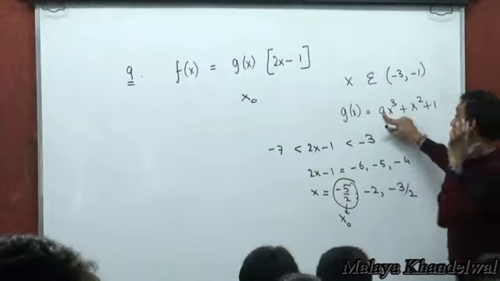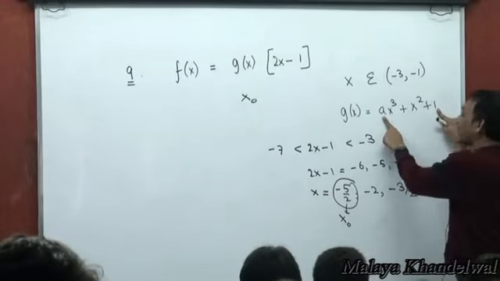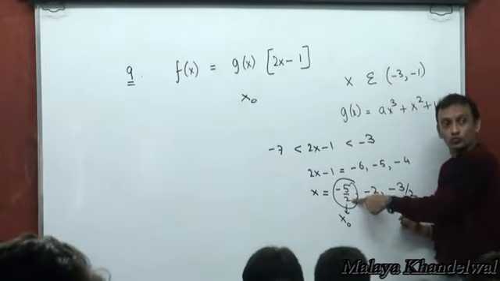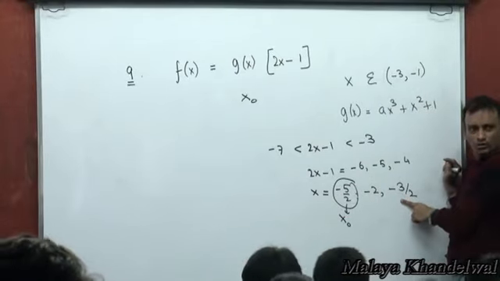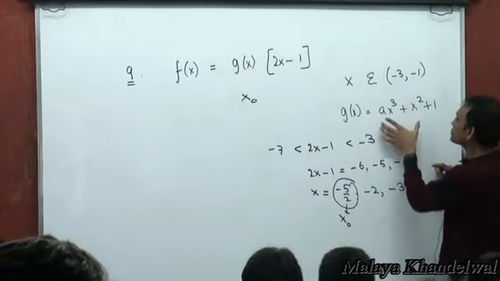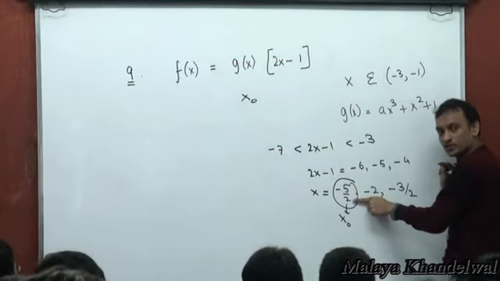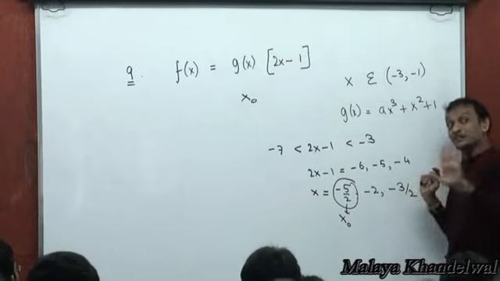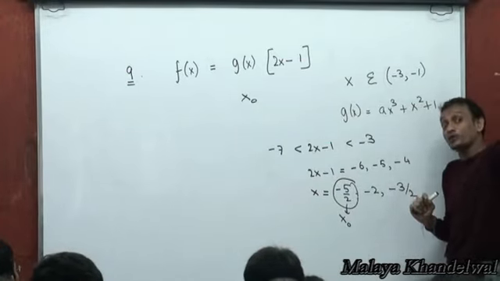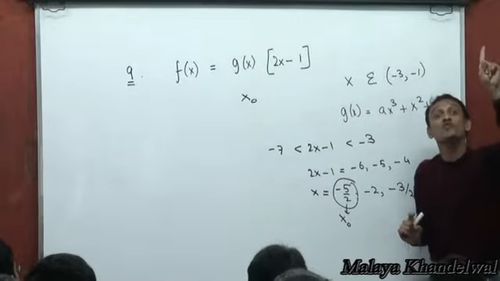Well, it depends on the value of a. If a is such that this vanishes at x equal to minus 5 by 2, then this will not vanish at minus 2 or minus 3 by 2. Yes or no? That means g(x) will vanish either at this point for a given a, or at this point, or at this point. That means it can reduce the number of points of discontinuity by at best 1.